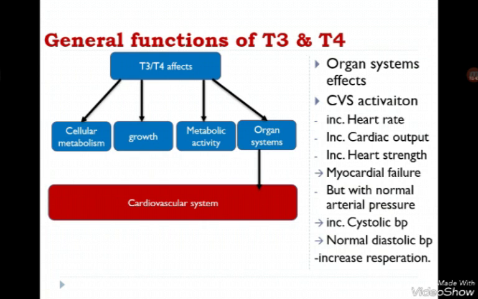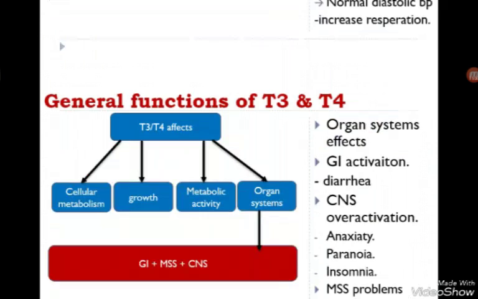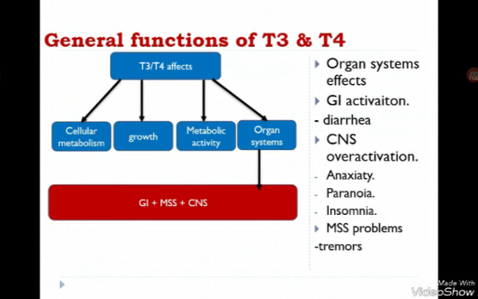Thyroid hormone also increases the rate of respiration because it increases the rate of oxygen consumption and carbon dioxide production. This will activate the respiration process. Thyroid hormone also affects organ systems other than the cardiovascular and respiratory systems.